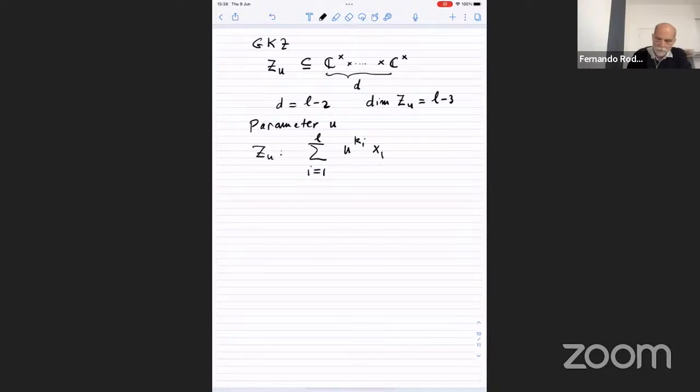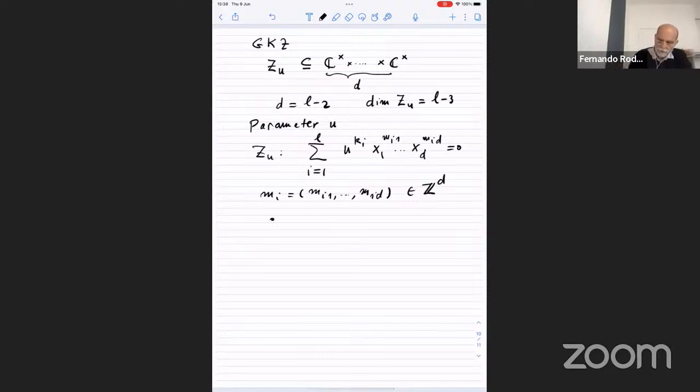We're going to pick monomials, Mi. I think I wrote this last time, but it's a reminder. So Mi are these monomials with integer exponents in Z to the D.